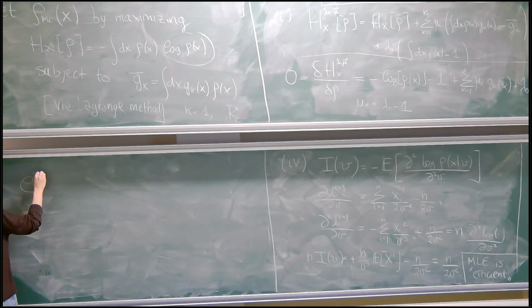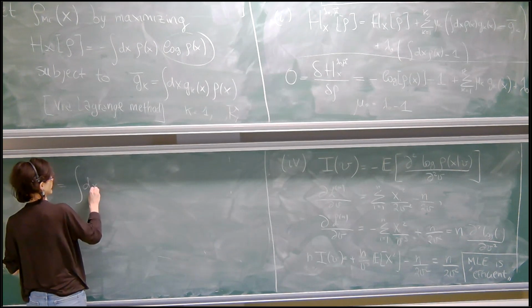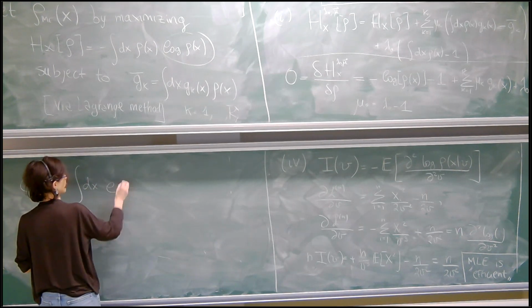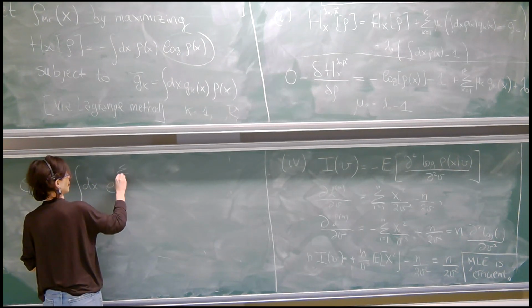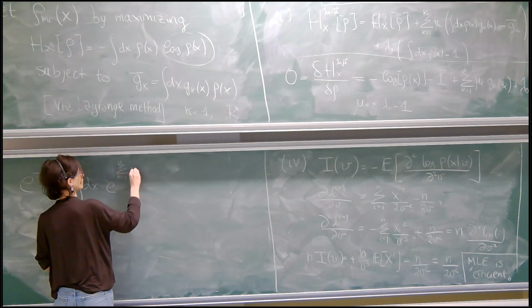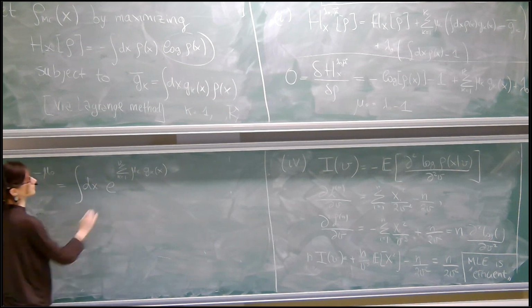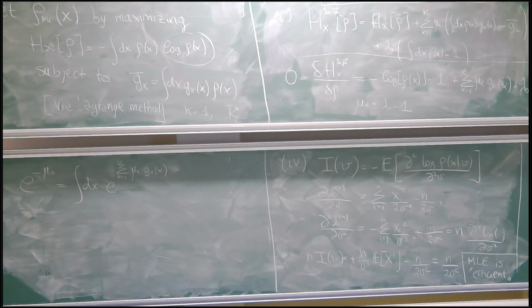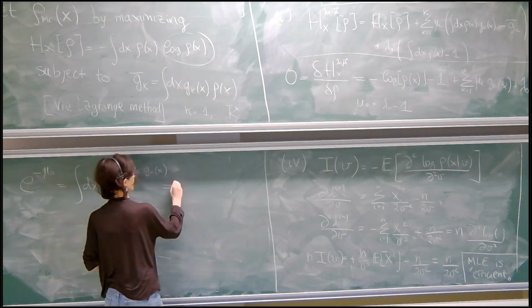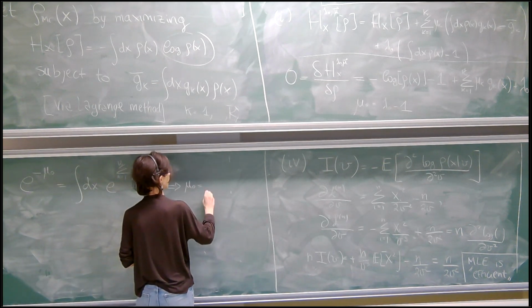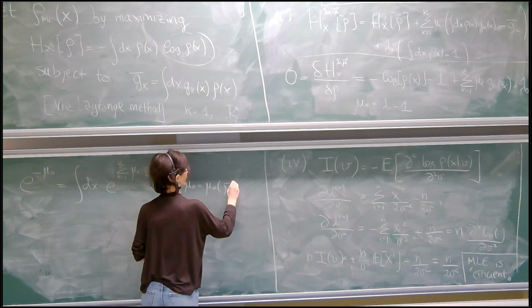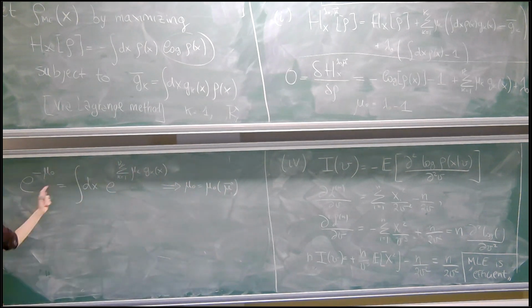And this tells me that e to the minus mu 0 is equal to the integral over dx of e to the sum over all my values of k of mu k times gk of x, right? So this is an equation for mu 0 that tells me that mu 0 will be a function of all of the other values of mu, given by these implicit relations.